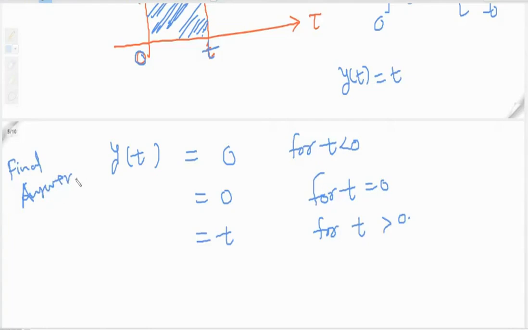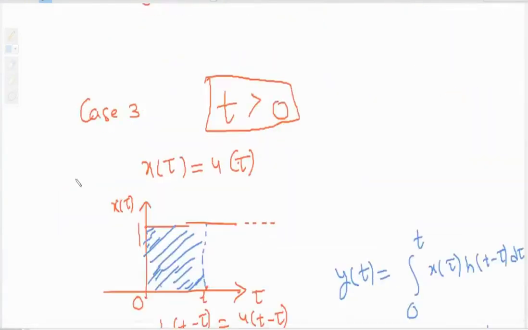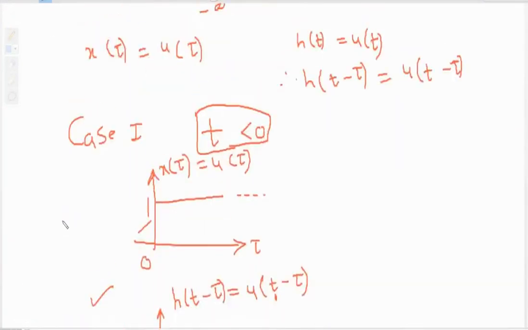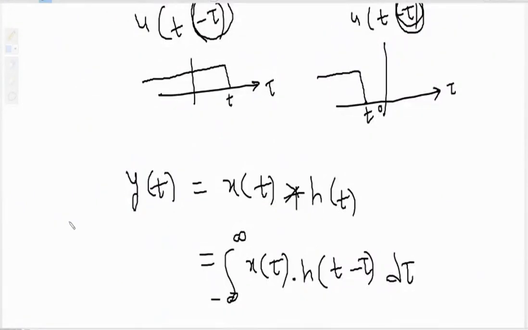Okay, quickly I will just repeat. The observation is that u of t and u of t minus tau: when t is positive, the signal will start from some positive t and go towards minus infinity because of folding.